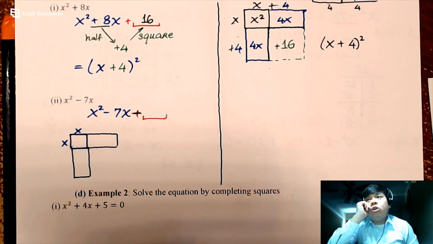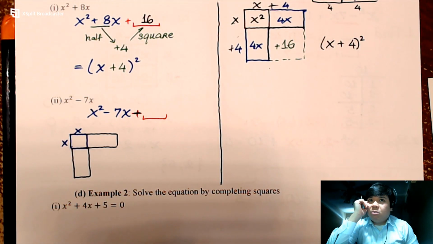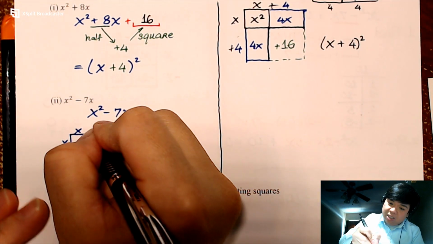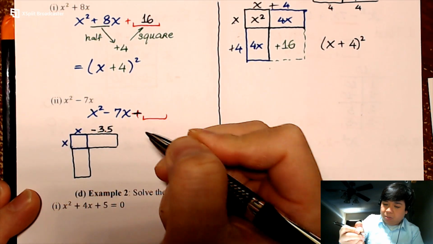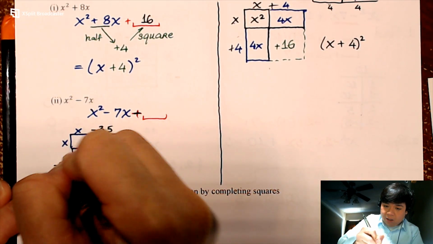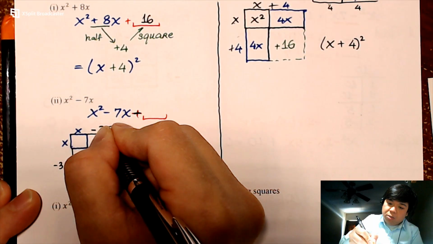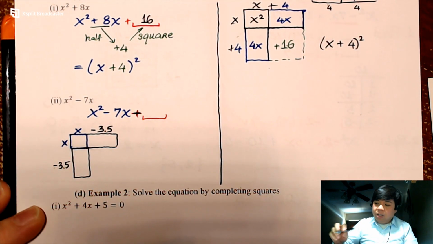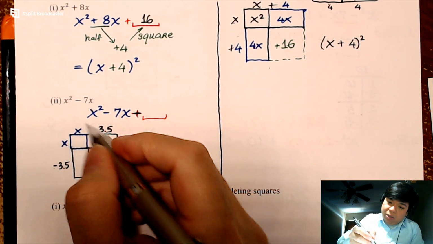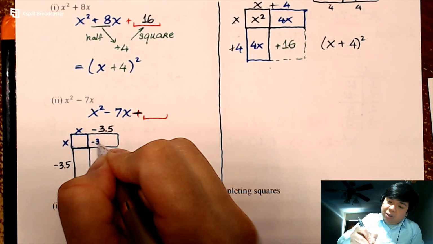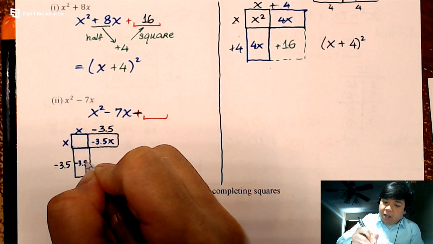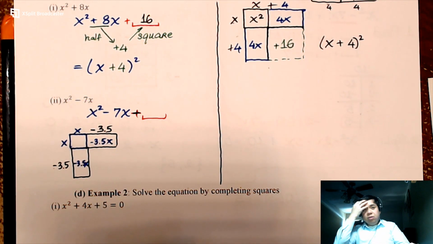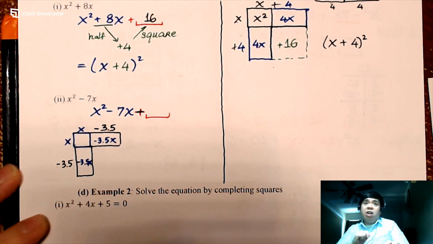You can write that as a fraction or decimal, but let's go with decimal for now. That negative 7 split into 2, negative 3.5. And of course, you see the area here will be negative 3.5x. Negative 3.5x. That's the area. Those together give us negative 7x.